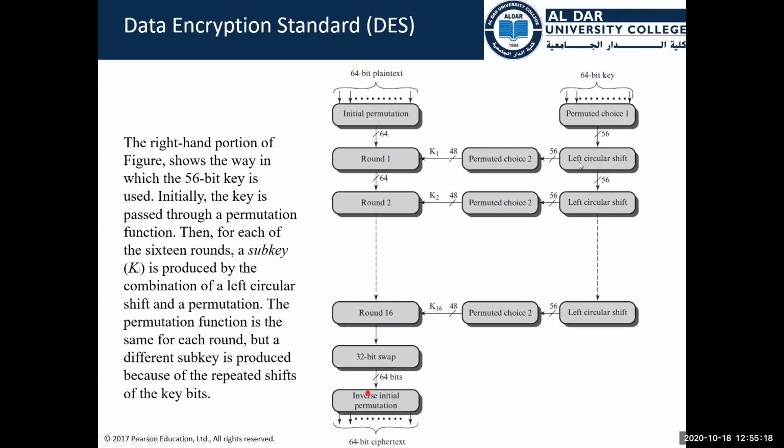That's why we use permutation, changing the order and the values, to make sure that K1 is completely changed compared to the original key. That's why we have these rounds here. So this is mainly the Data Encryption Standard and its scheme.